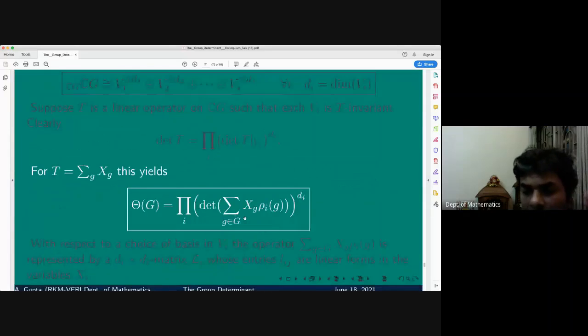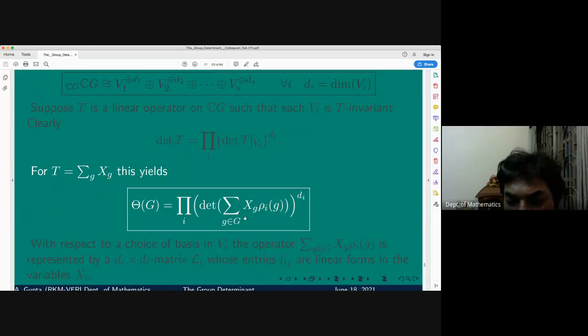When you think about the matrix of this operator, suppose we fix a basis of Vi. Then rho i g, for each i, is just a matrix of complex numbers. So what is the sum over G of xg rho i g? It is a matrix whose entries are linear forms in the variables xg, that is, linear combinations of these variables xg.